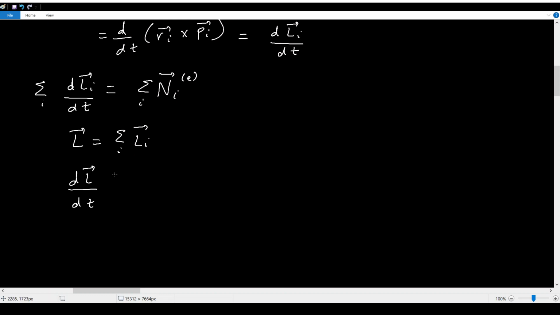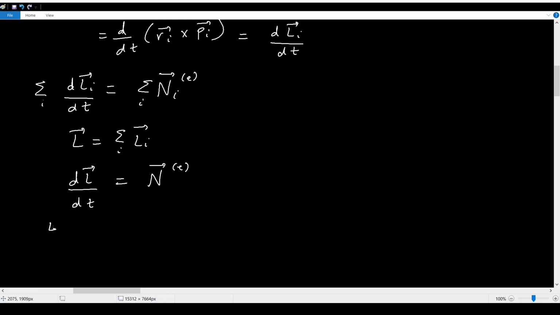And further, let us write the net torque as this. So no sum. We have summed over all the particles, and we're just calling this the net external torque on the system of particles. And this is finally the equation of motion for rotational motion for a system of particles.